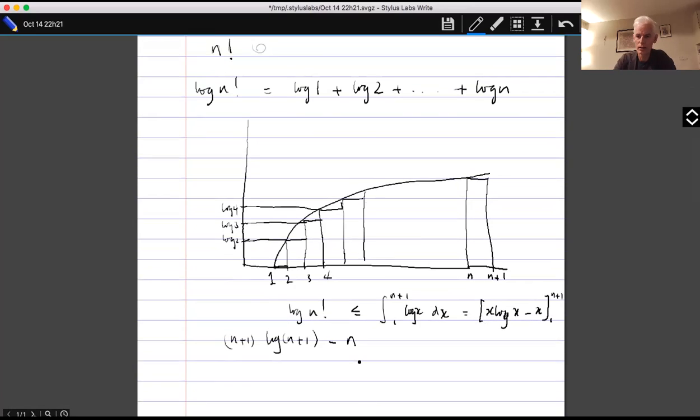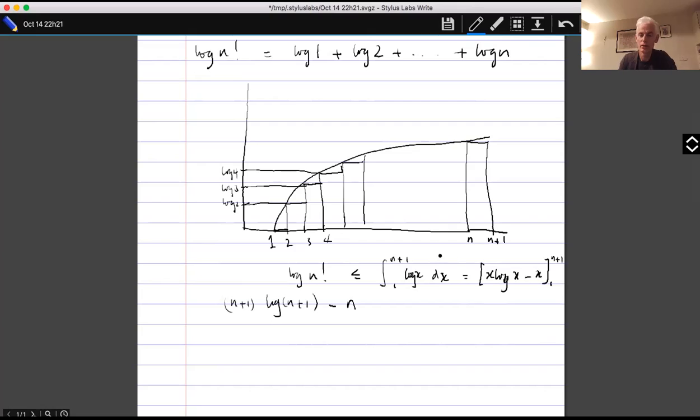So when I take n factorial, that gives us an upper bound. e to the n plus 1 log n plus 1 is just n plus 1 to the n plus 1 times e to the minus n.